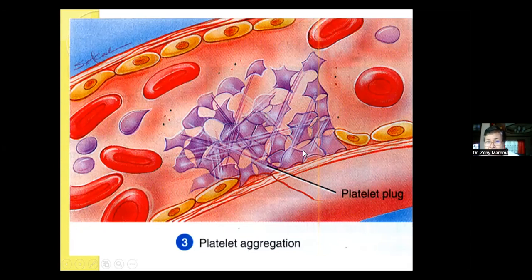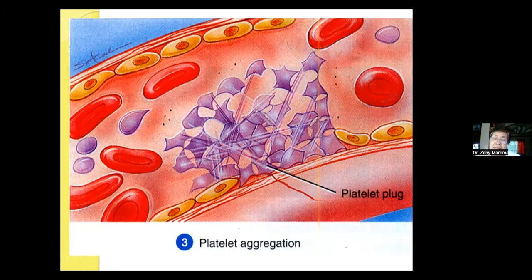There's formation of platelet plug which temporarily supports the destroyed blood vessel. So what are the reactions? They come closer to one another: platelet adhesion. Then platelet release reaction, then platelet aggregation with formation of platelet plug.